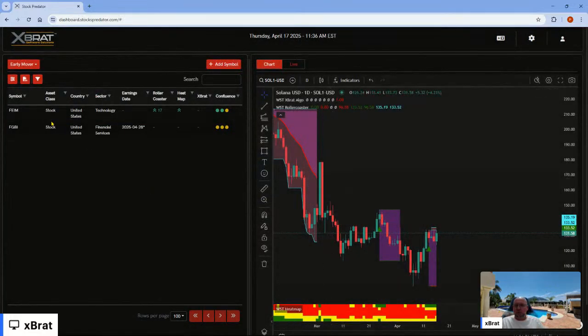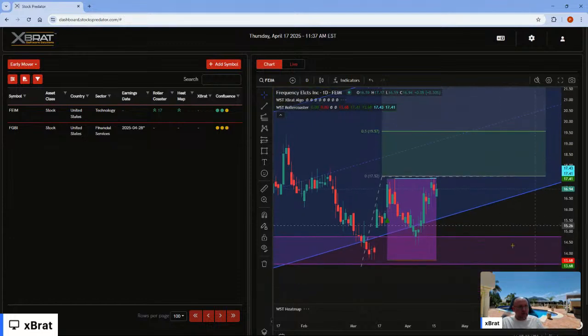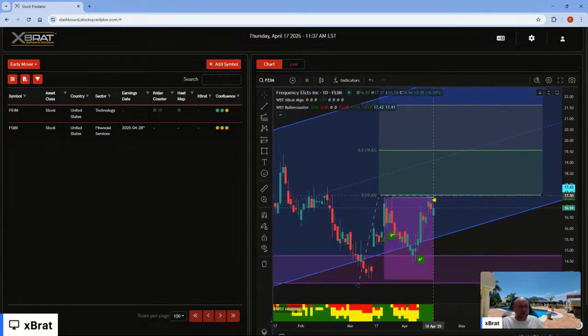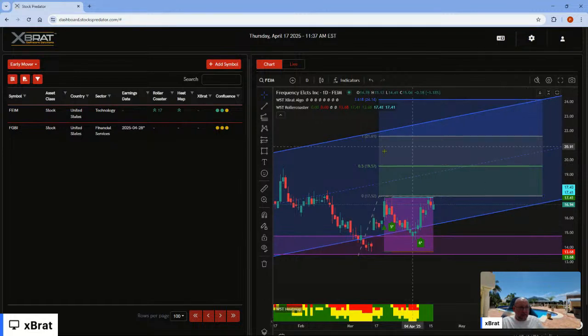Go back to my early mover watch list. So this one, I had FEIM and FGBI. These went on when there was only one green. Okay, so FEIM has gone to 2 green. I'm still waiting for it to go through that start line. This is building up for a pop, and there's a lot of room up above here to $24. You see it will move up in this channel.